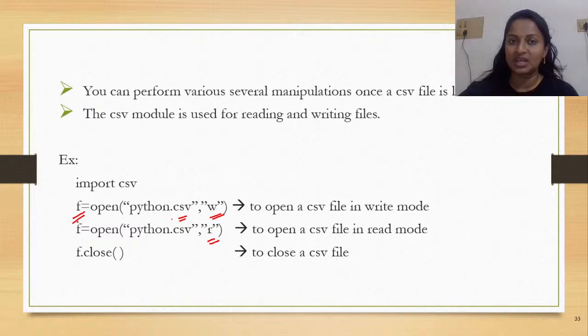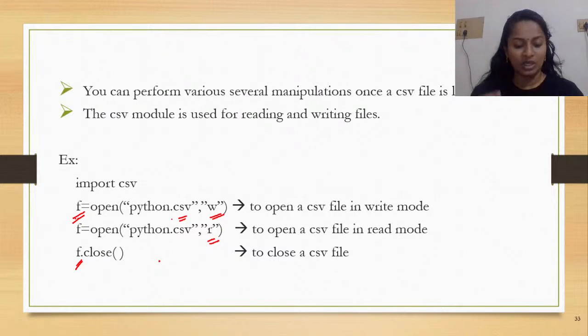This is a user defined variable and the identifier name is f. It is using this f that we would be performing the various writing and reading operations. For closing also you have to specify the file object name or the handle name and then dot close.